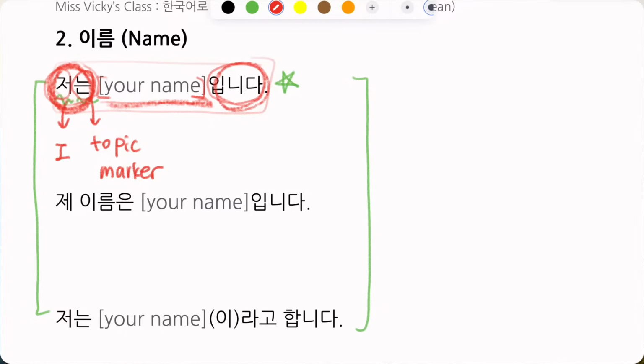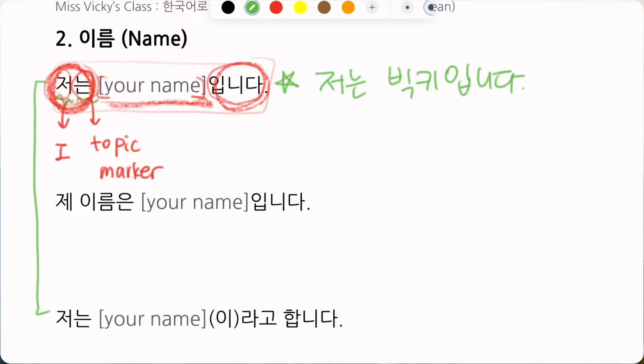So my English name is Vicky. So as for me, I can say 저는 비키입니다. 근데 here's the thing, guys. If you have a foreign name, and that's not a usual name, then Korean people might have a hard time understanding your name.